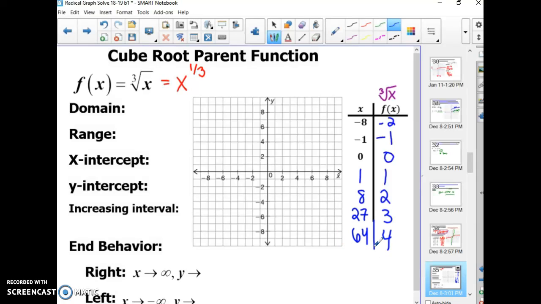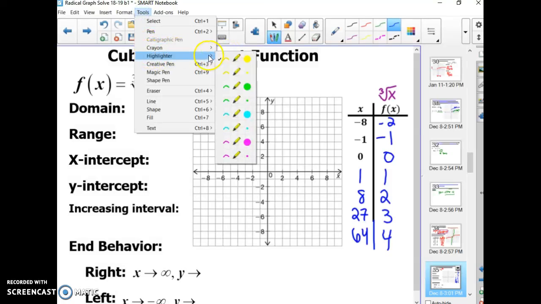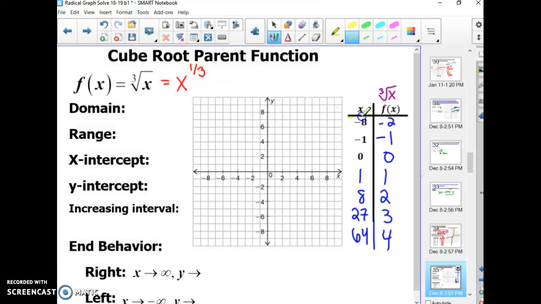64. So the reason why we focus on the numbers that we focus on is because these are the ones that I will end up plotting in a -10 to +10 window. 27 and 3 is awesome, but we won't ever see it on a graph, or 64.